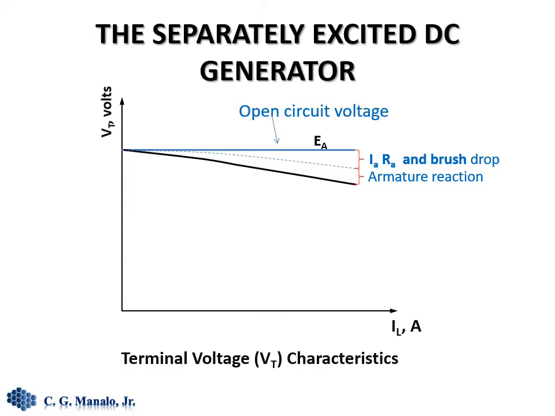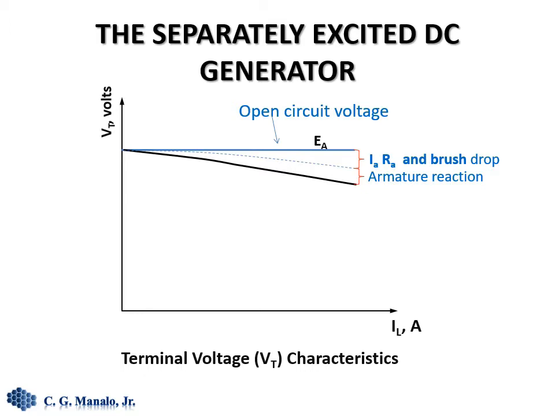If you happen to review the material on the commutation problem that happens on real DC machines, armature reaction is a phenomenon that happens when the machine is loaded.